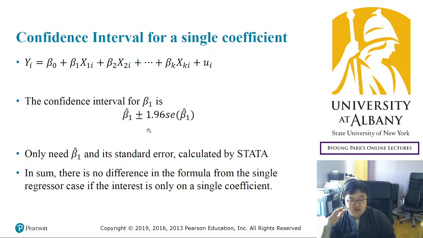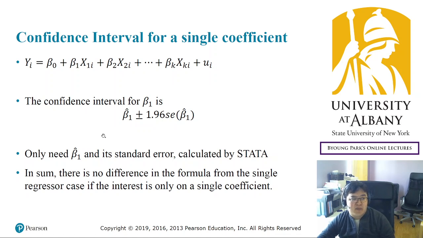So far I have quickly summarized how you can conduct statistical inference if you are interested in only one coefficient. Even if there are multiple regressors, there is no difference. When you focus on only one variable, the analysis is exactly identical to what you have done for the regression with one variable.